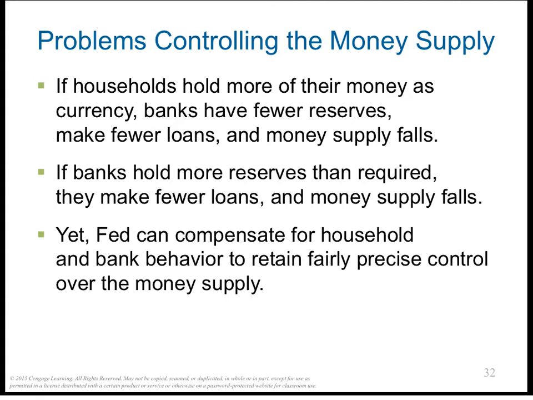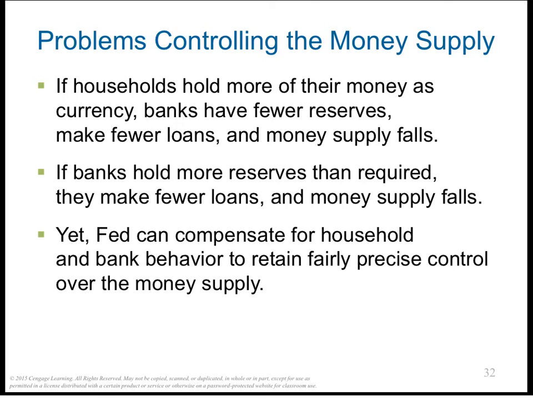The first problem is that the Fed does not control the amount of money that households choose to hold as deposits in banks. The more money households deposit, the more reserves banks have. But what if households do not deposit the money into the banking system? Then the banking system will create less money if households choose to keep currency rather than deposits in the bank.